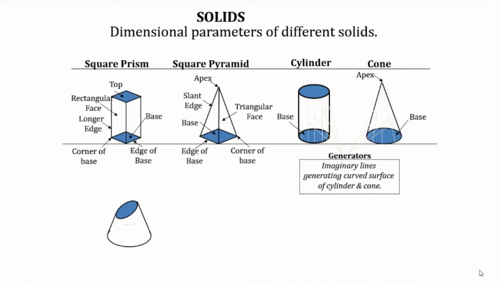In the case of a pyramid, it is the imaginary line which joins the apex with the centroid of the base.